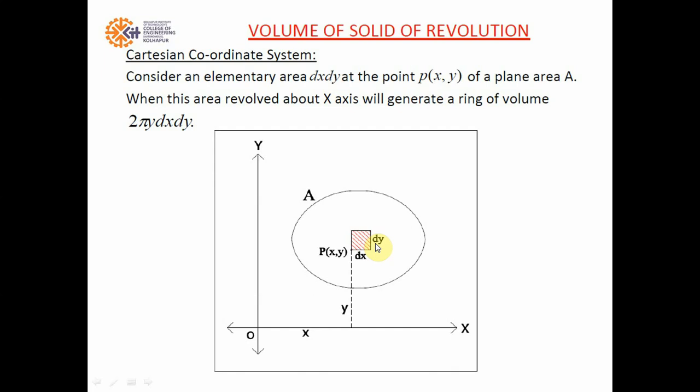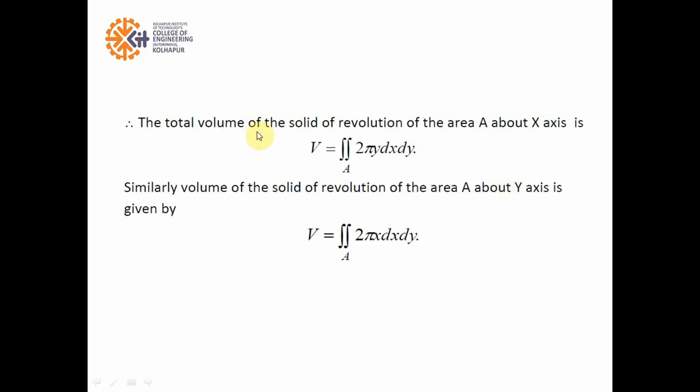And therefore, to get the total volume of this plane area A, we have to integrate this function over the region A, and therefore the total volume of the solid of revolution of the area A about x-axis is equal to double integration over the area A 2 pi y dx dy.